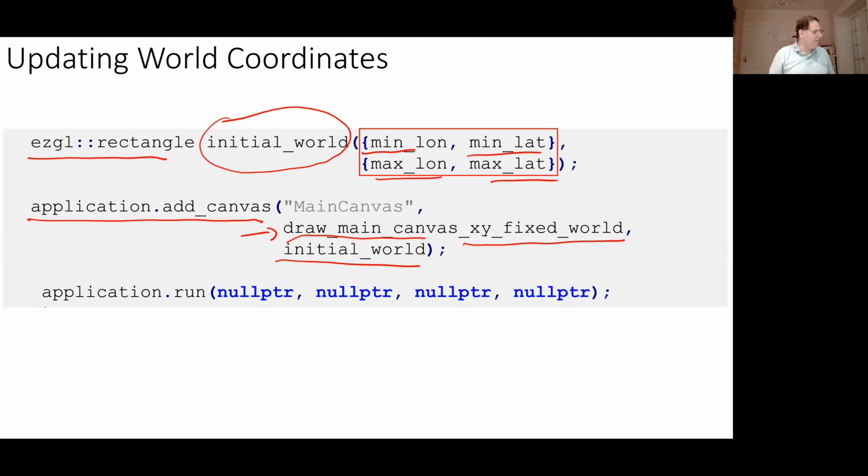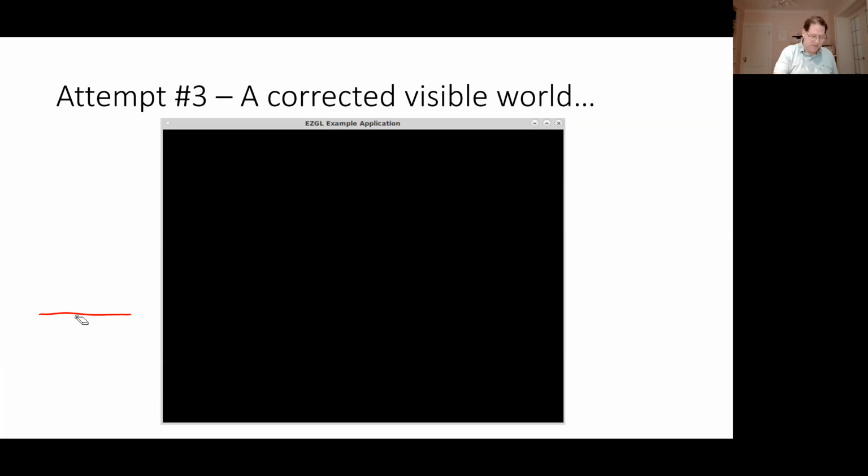So all this makes sense. I've computed a much more logical coordinate system that's going to work for multiple maps, and I'm passing it into EasyGL. What happens? If you run this code, you just get a big black box. So something went wrong. Any idea what went wrong? It might be subtle.